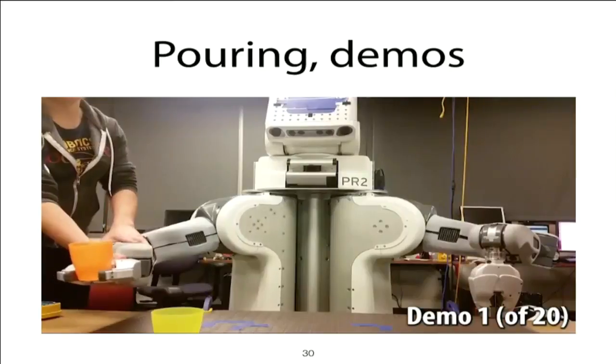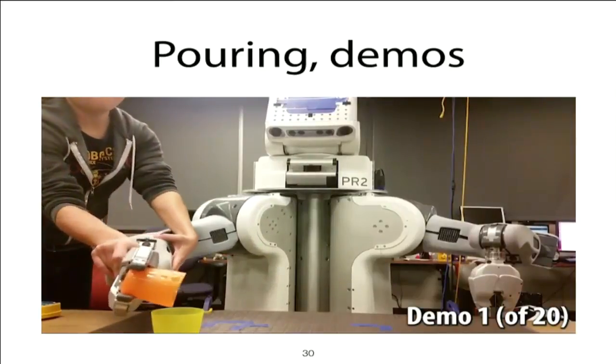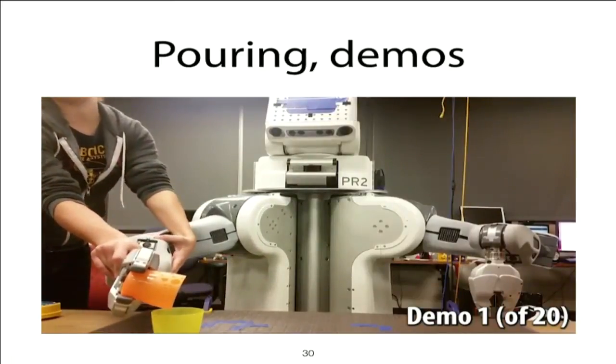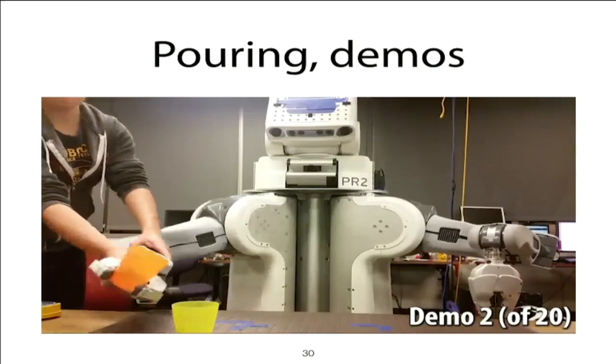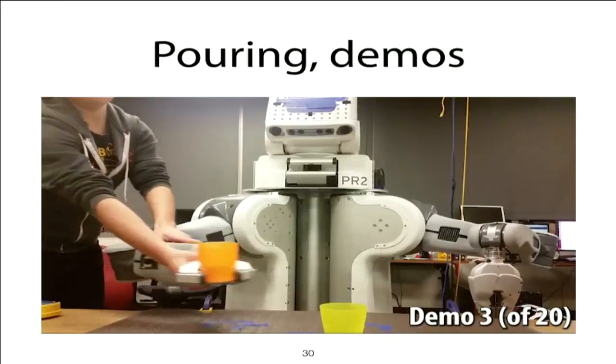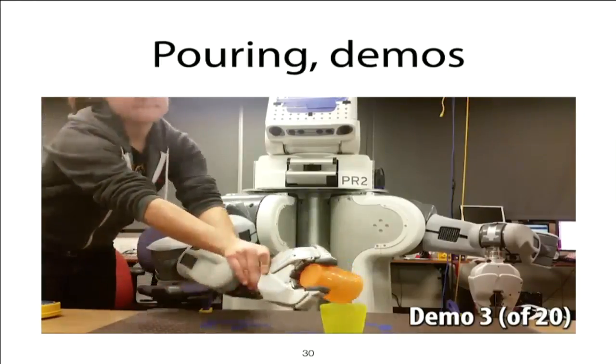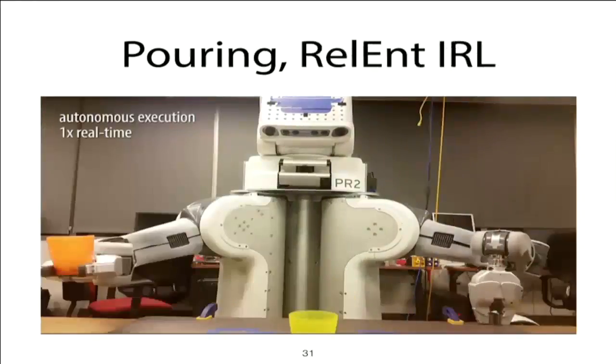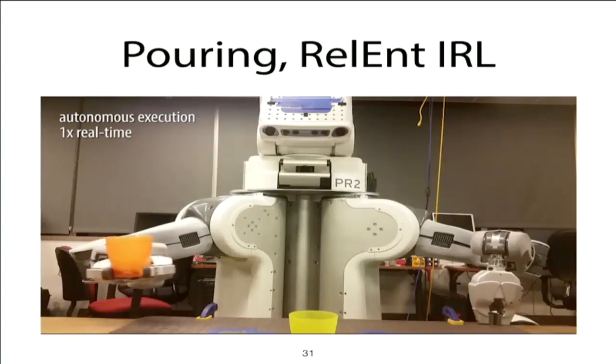Okay, and so the second task was to pour almonds from one cup to another. Here are 3 of the 20 demonstrations. The first 2 were fairly close positions of the cup. Here's a further position of the cup. And here's the baseline method.